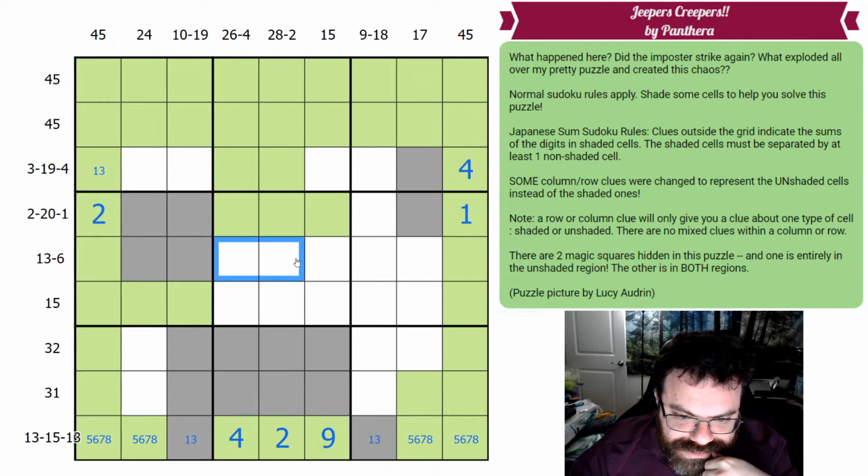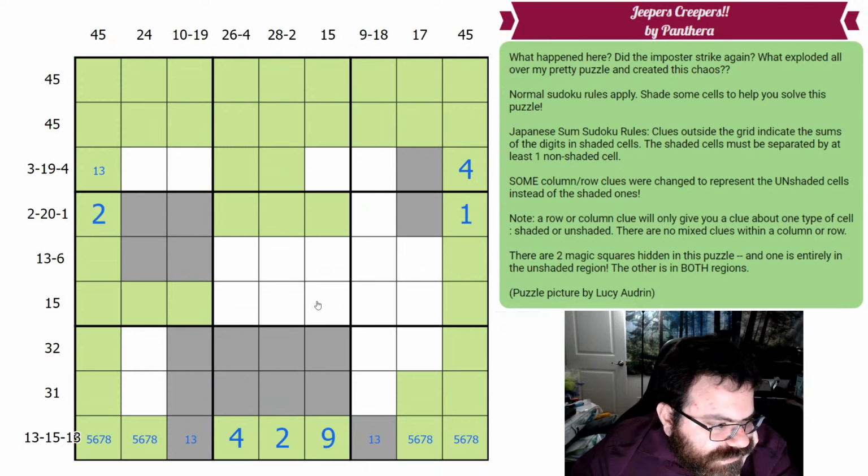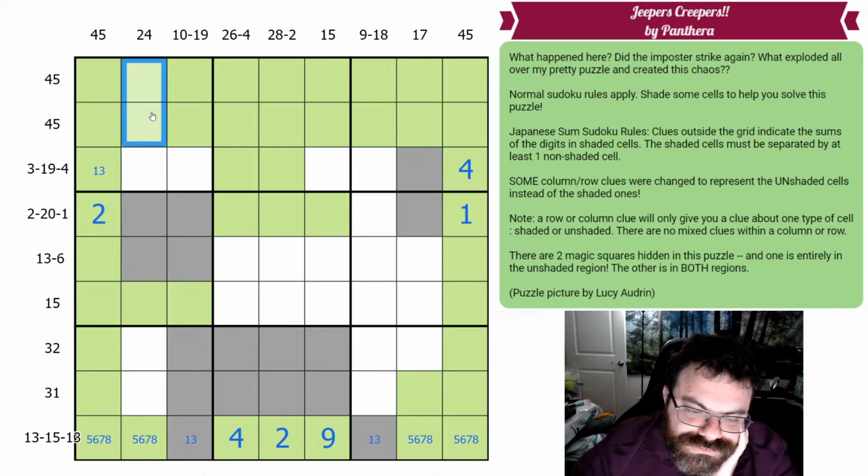This is gray, 13 and 6. We know 15's gray. I can't justify placing it here yet. This 24 is gray, isn't it?